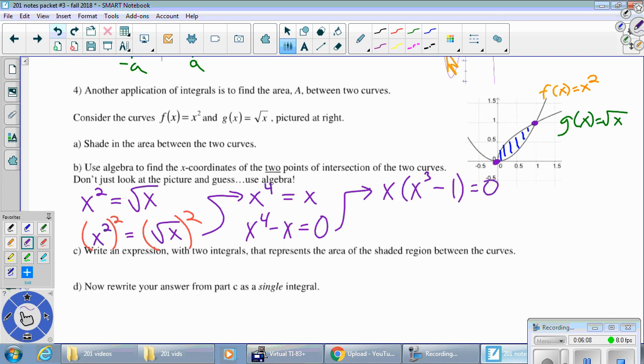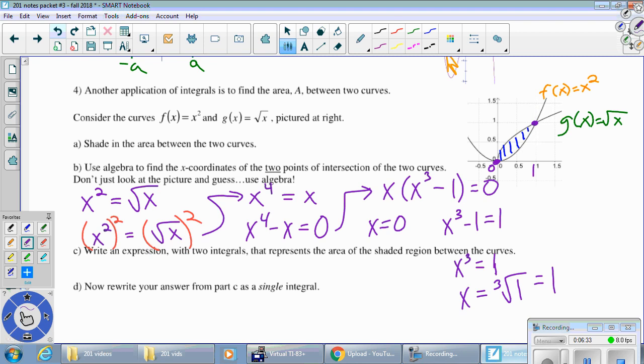Let's set each of these factors equal to 0. Either x equals 0, hey, that's one solution, that's one point of intersection, or x cubed minus 1 equals 0. Add the 1, and then take a cube root of both sides. And of course, the cube root of 1 is just 1. So yeah, just like the picture looks, the x coordinates are 0 and 1. But now we can say that using algebra.